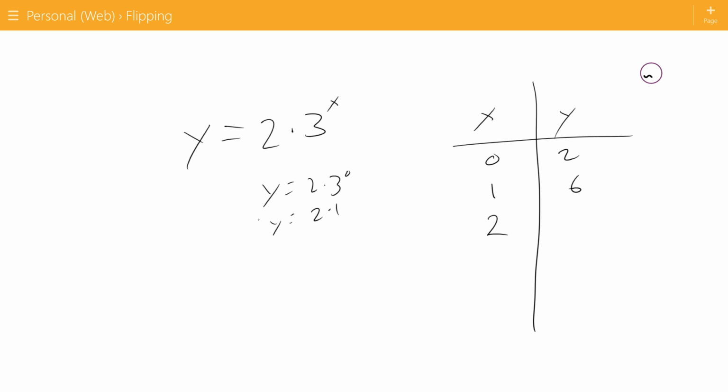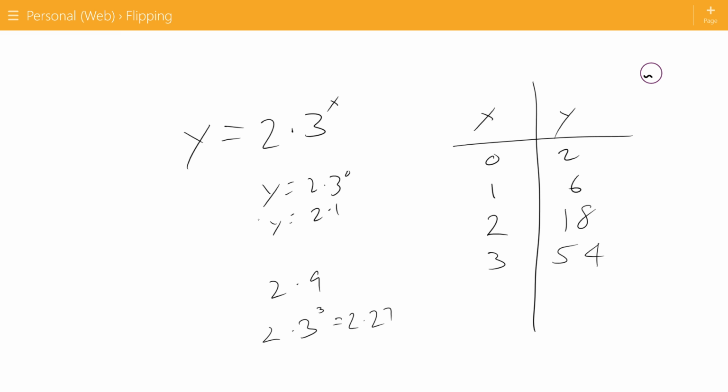If I plug in 2, that's 2 times 3 squared, which is 2 times 9, I get 18. If I plug in 3, that's 2 times 3 to the third, which is 2 times 27, which would be 54.